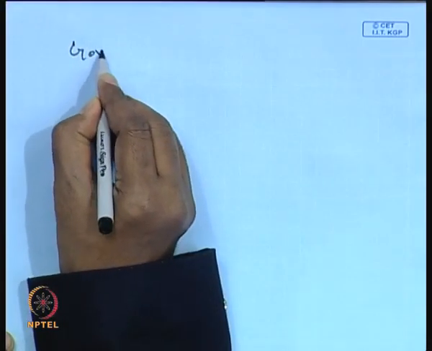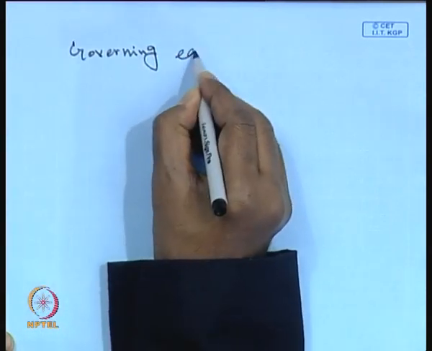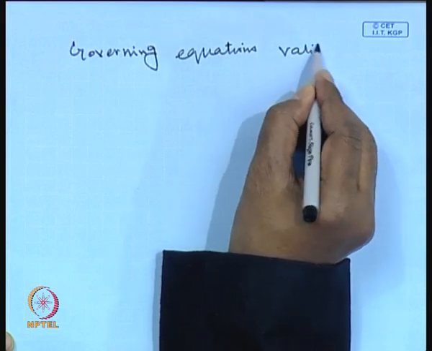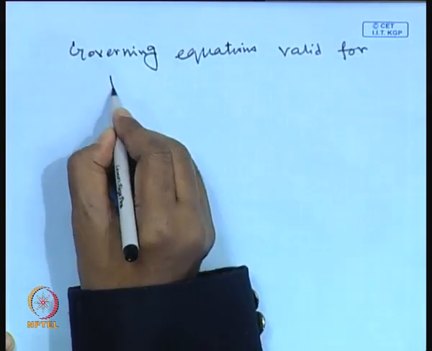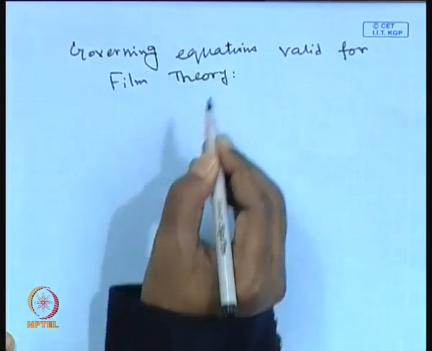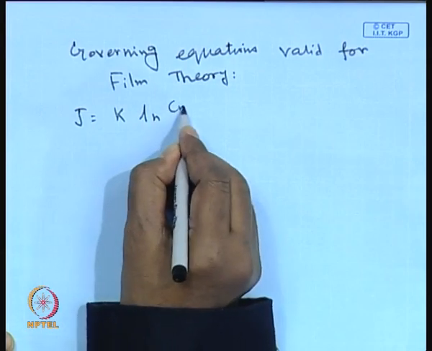Okay. So, once you do that, now you write down the governing equations valid for film theory. Okay. J is equal to K ln Cm minus Cp.